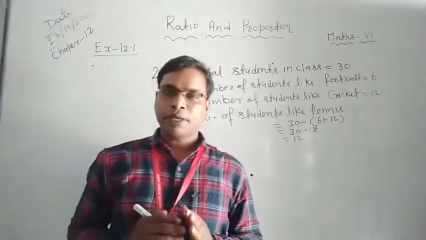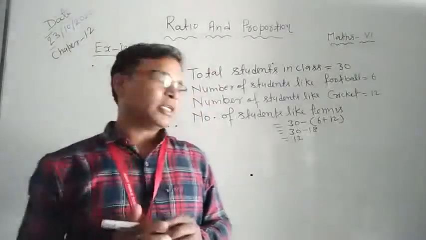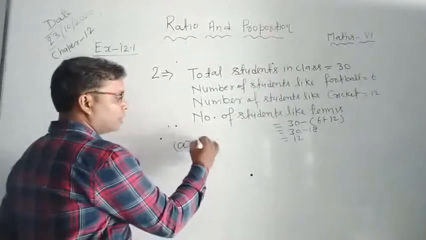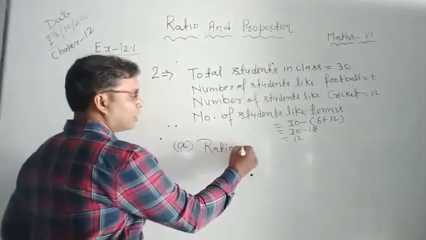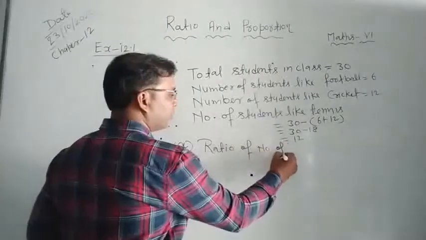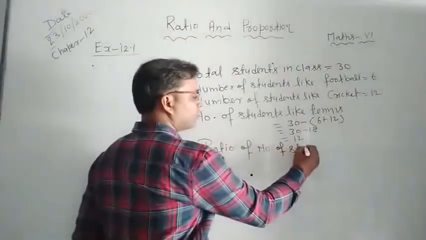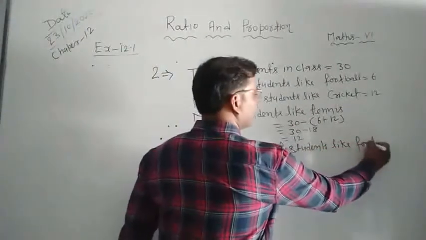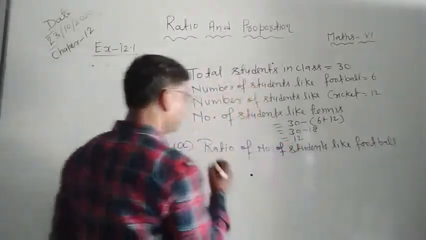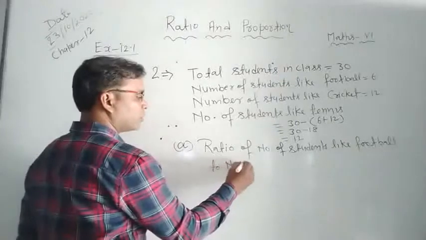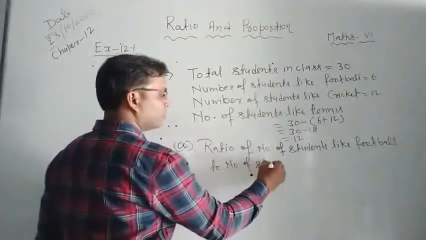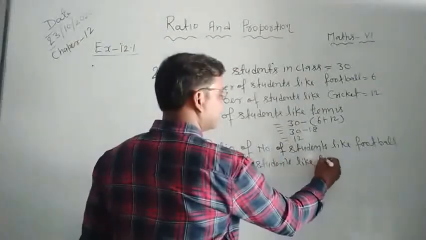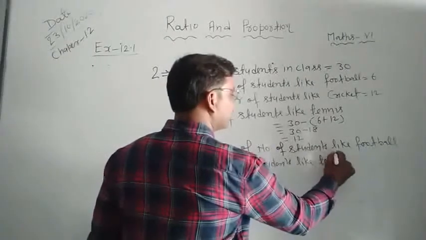So ratio, part A of question number 2: ratio of the number of students who like football to the number of students who like tennis. This is equal to what?